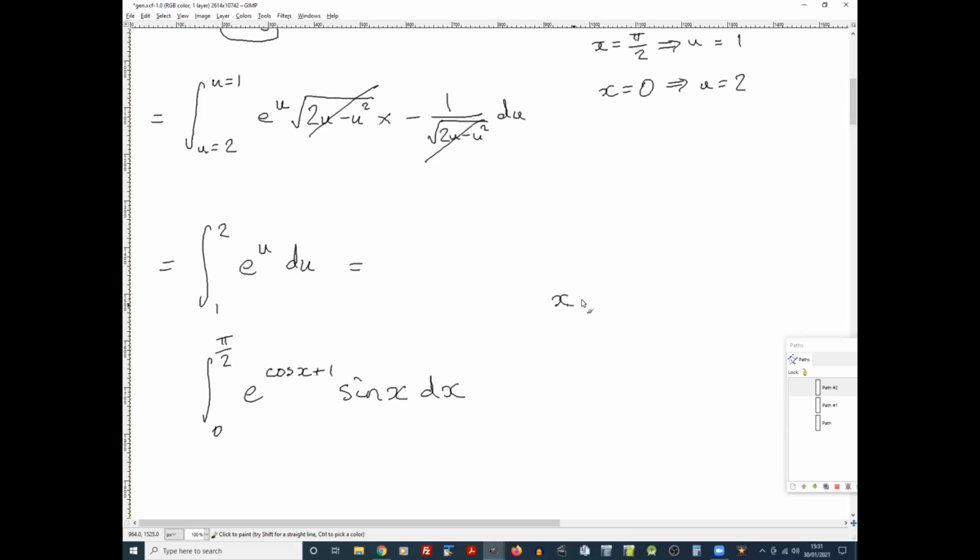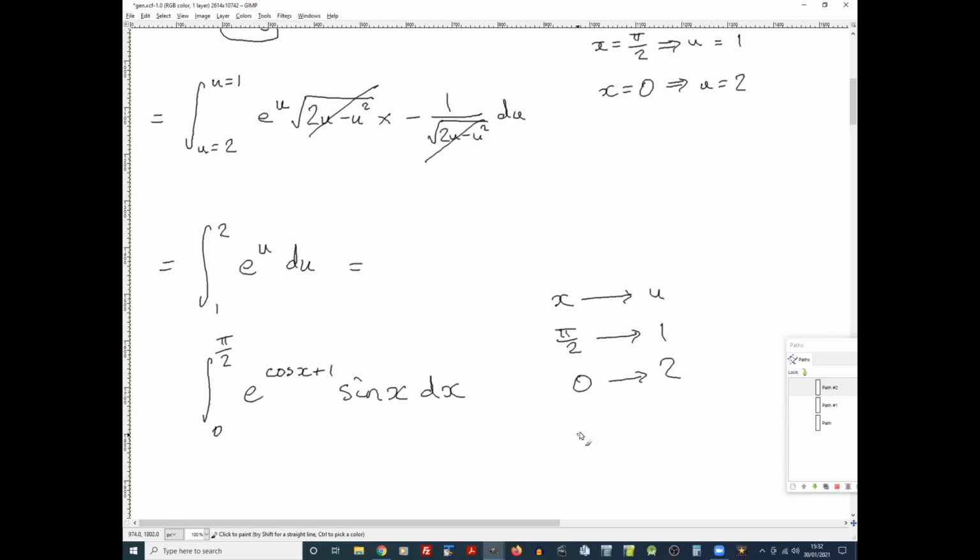From x to u, pi over 2 goes to what value? It was 1. And from 0 to 2.